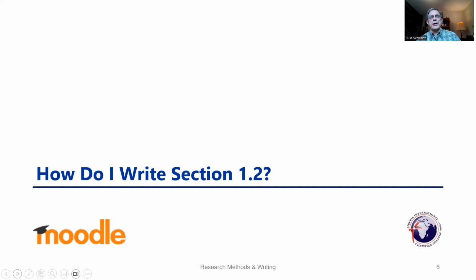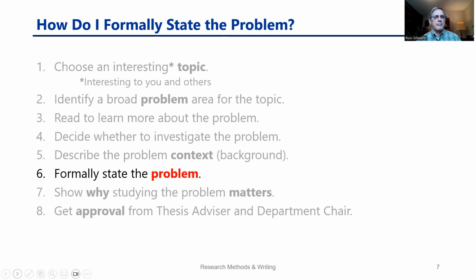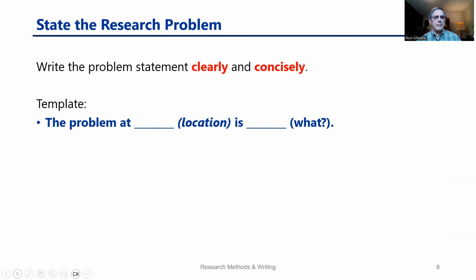Next, you're ready to write section 1.2, the actual statement of the problem. Generally in research, we follow a template for writing a problem statement. Keep it clear and concise.